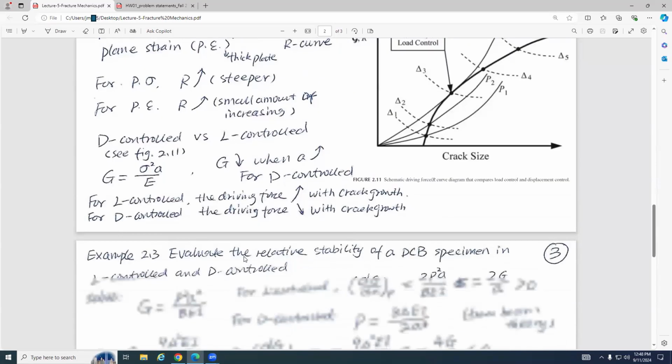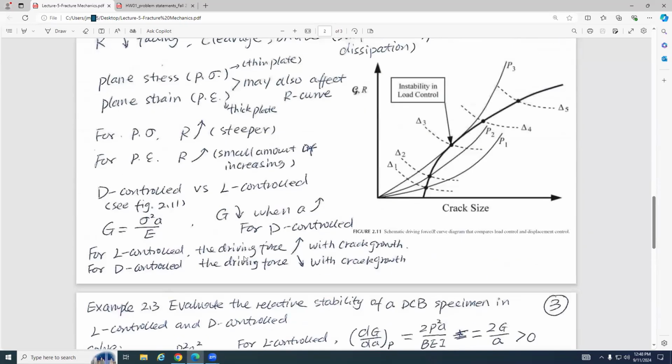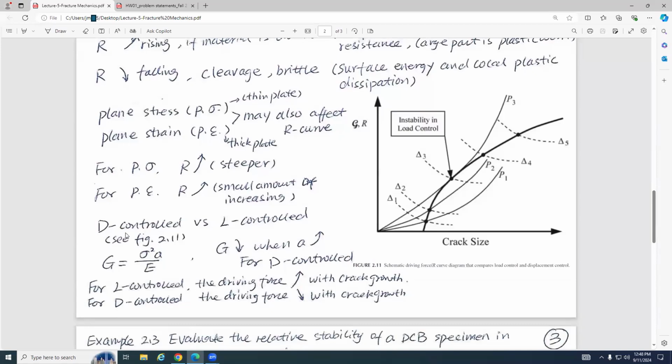For displacement control, let's see the displacement control. You can see that for displacement control, the driving force goes down with crack growth. You can see these dotted curves, they are displacement control, delta.